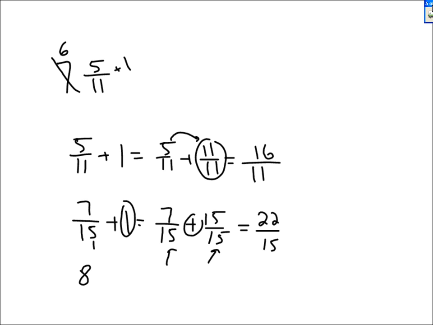If you have 8 and let's make it 14. Make it 8 1/14. And you want to add 1. Well, think of the 1 as 14/14. So then the denominator is 14.